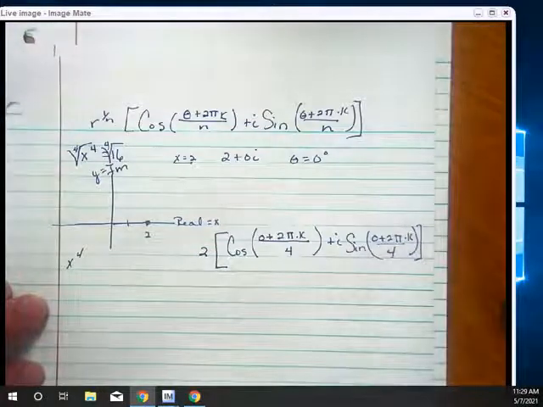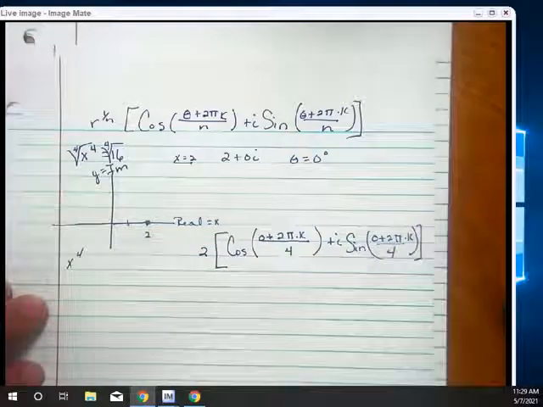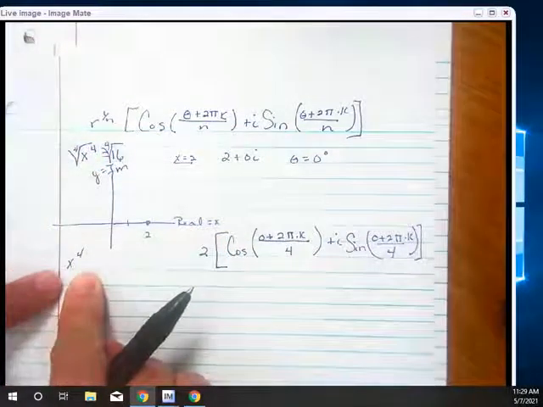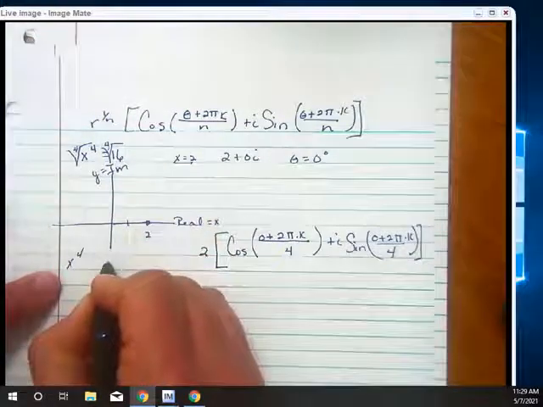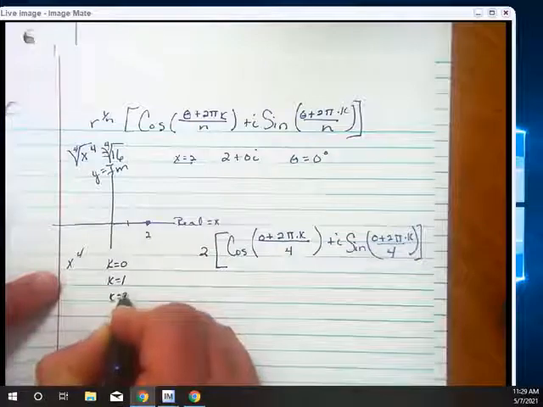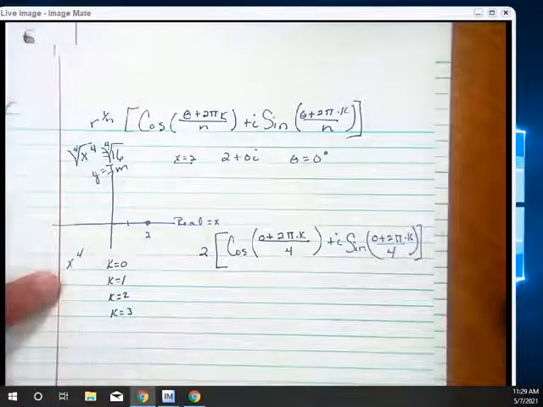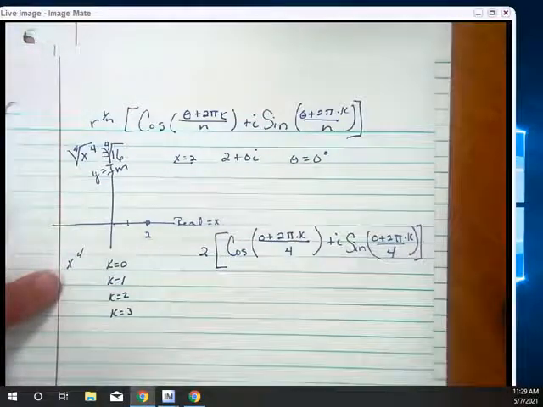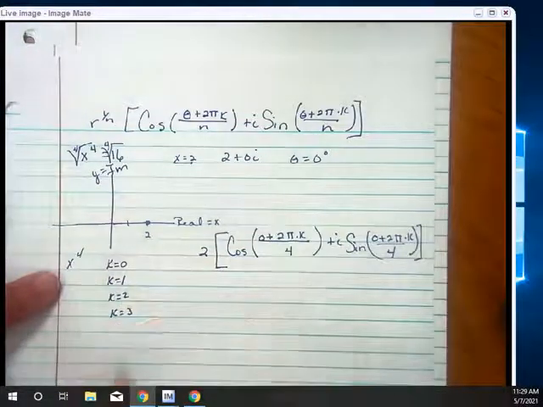In this section, you're having to give me all of them. So I need to check when k is 0, 1, 2, and 3, because it's not going to be greater than 4. So 1, 2, 3, 4 solutions.